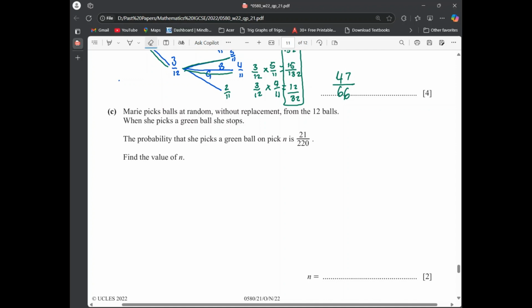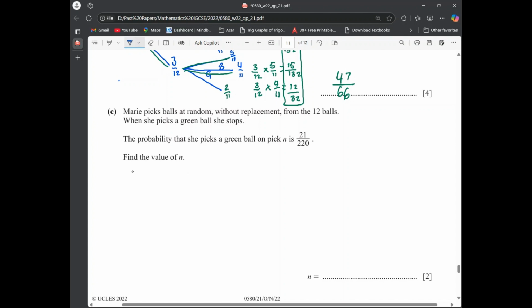Okay, we've come to the last question. Mari picks balls at random without replacement from the 12 balls. When she picks a green ball, she stops. The probability that she picks a green ball on pick N is 21 over 220. Find the value of N. Okay, here are the probabilities.